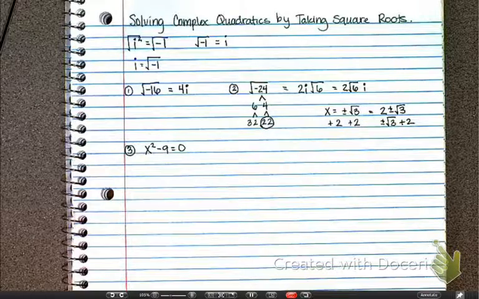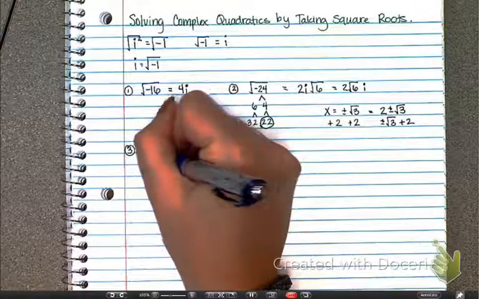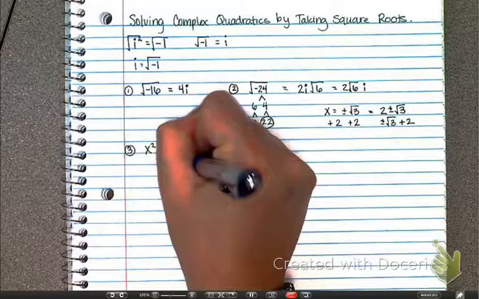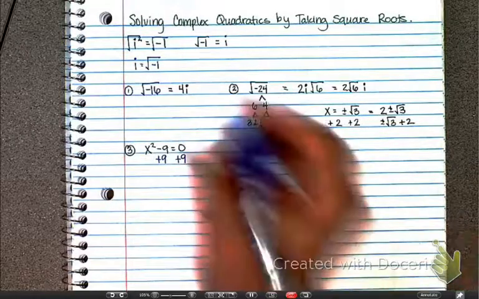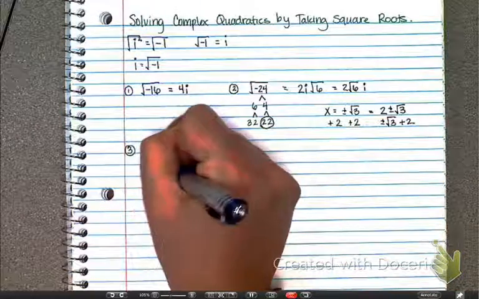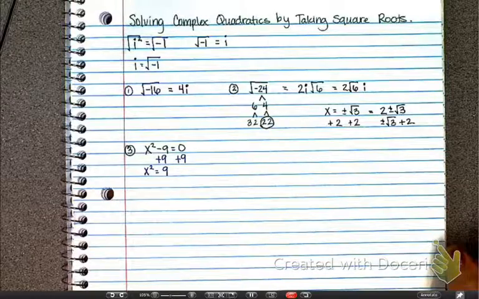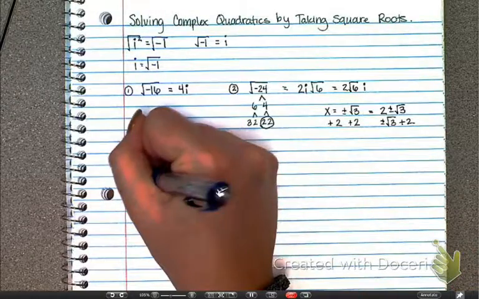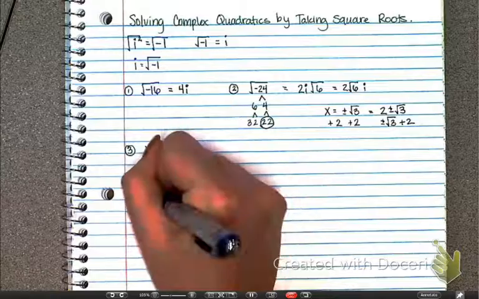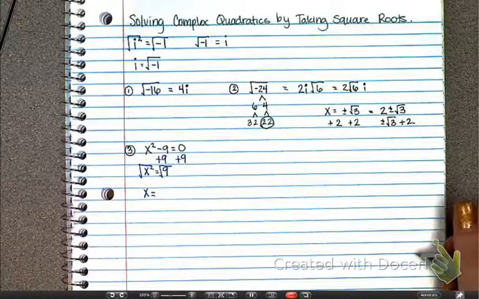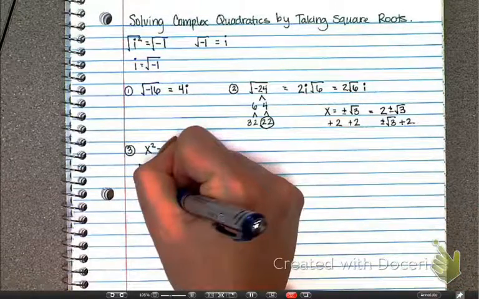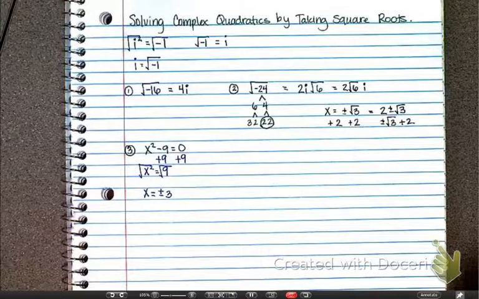Yep, we're going to add 9 to both sides, where x squared equals 9. Then what? Take the square root. x equals plus or minus 3. Do not forget your pluses and minuses.